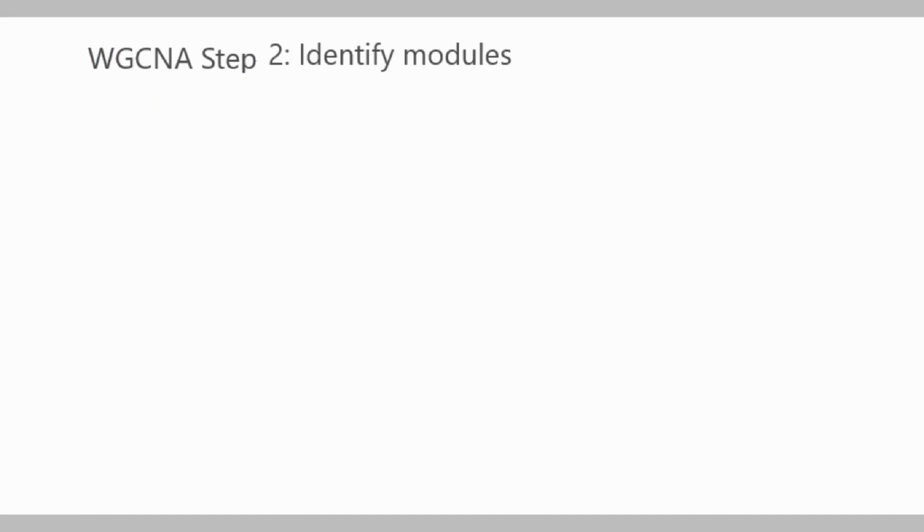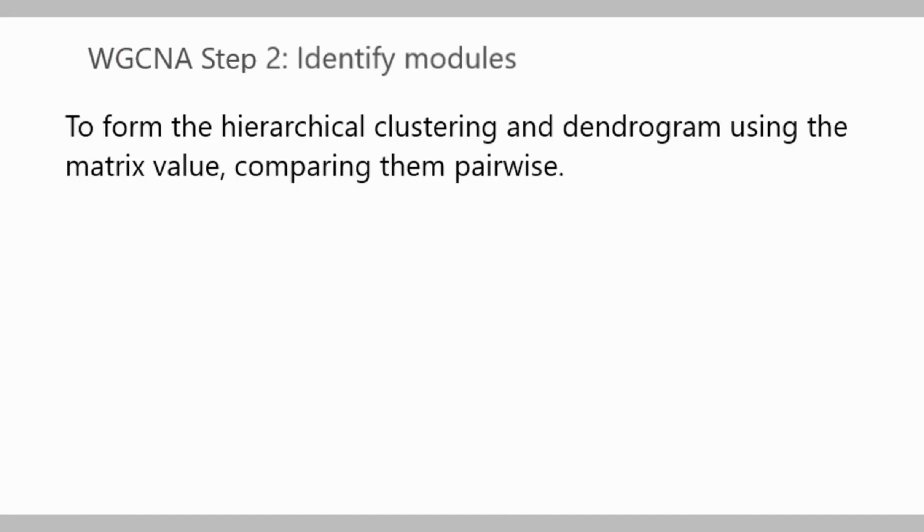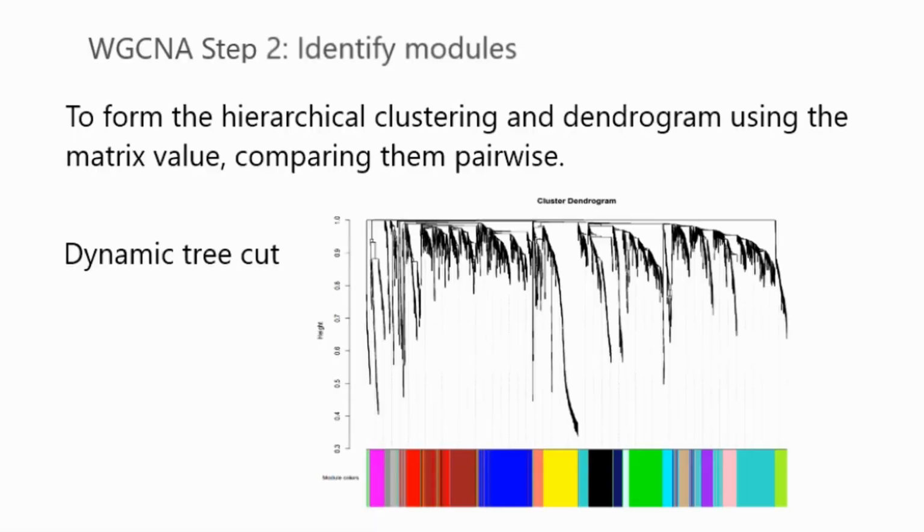So we can go ahead to identify modules. This can be done by forming a hierarchical clustering using the metric value, comparing genes pairwise. WGCNA has its own sophisticated way to calculate the threshold cutting points to divide the clusters, which is called dynamic tree cut.